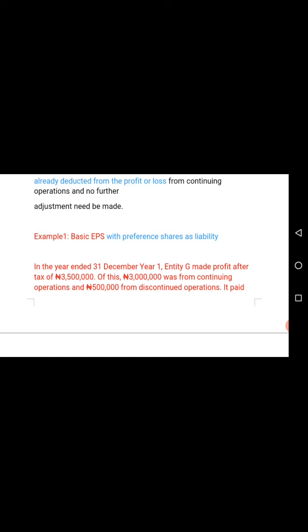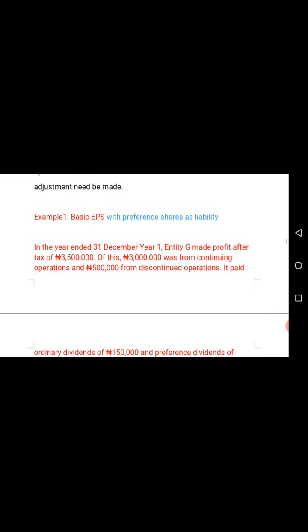That's 3,500,000. Of this, 3 million naira, or whatever currency you use, dollars, pounds, euros, Australian dollar, whatever you use, was from continuing operations, and 500,000 naira from discontinued operation.